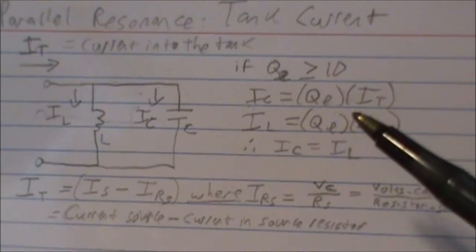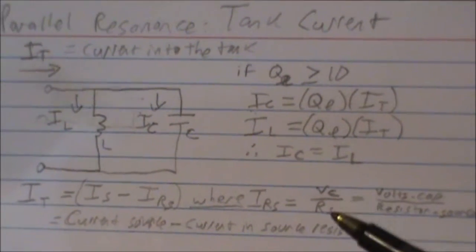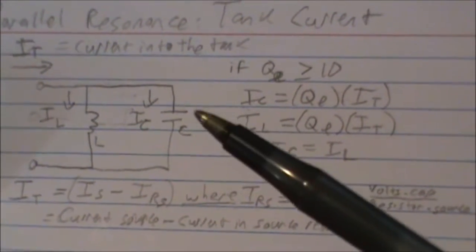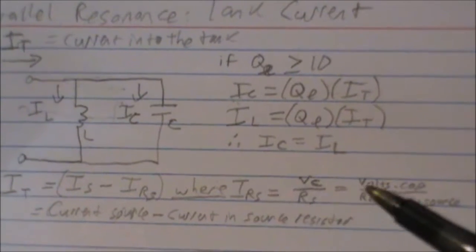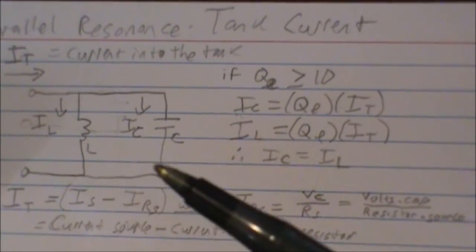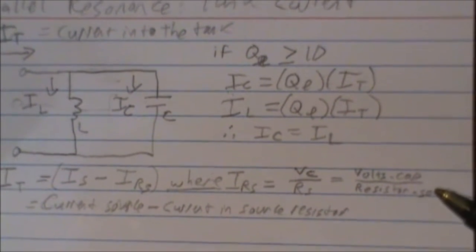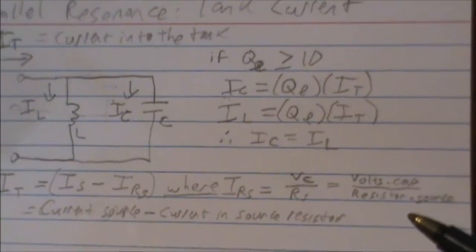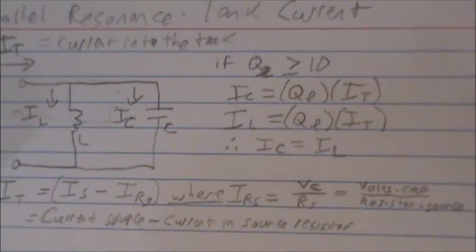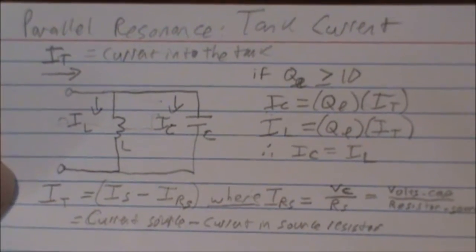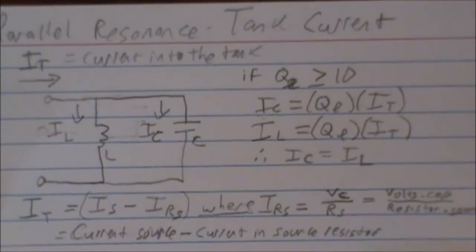If your Q is higher than 10, then you can just use this formula, V over R, voltage across your capacitor, even, because at resonance it's going to be the same as the voltage across the inductance. So R is the resistor and the source in parallel, and current here, source.